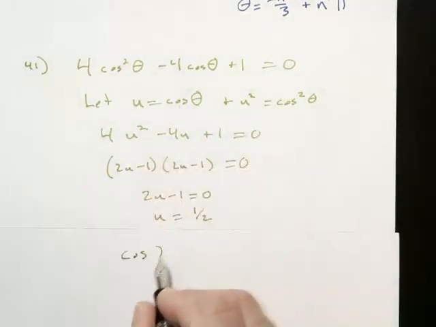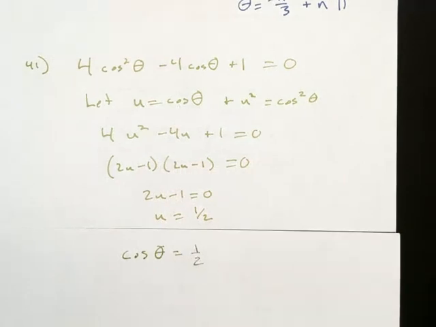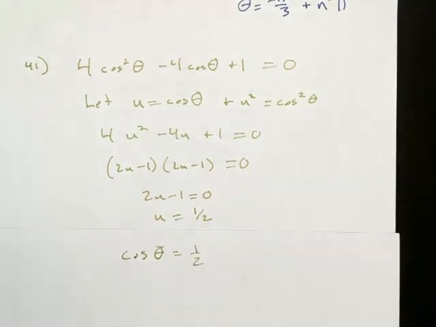And now I get a trig function just like we were looking at earlier. I know what to do. Cosine is positive. Which quadrants am I in? First and fourth.